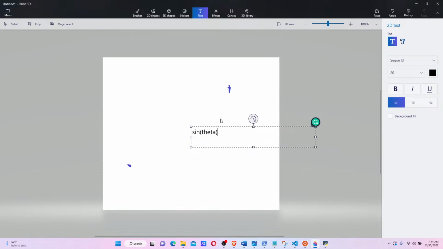Sine theta, that should be a distance between those. So if that distance, call it d, then we can say d times sine theta is equal to y, and we also have that d times cos theta is equal to x.